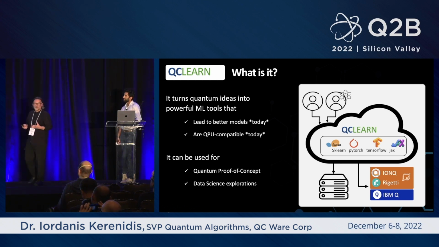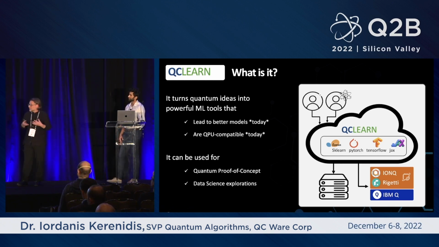QClearn can be used for quantum proof of concept projects, to understand the potential of quantum in machine learning. It can also be used for data science explorations, where we benchmark classical models against quantum and quantum-inspired models.